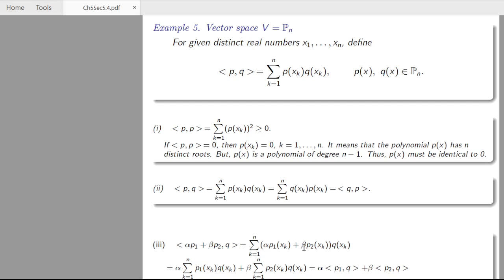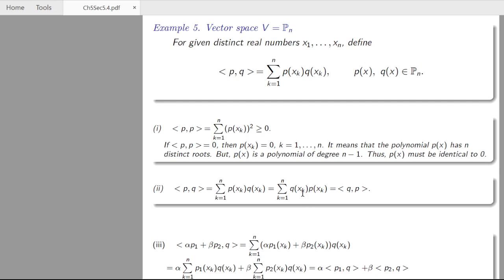The same thing for the second part. Then look at the definition of the operation. We can say this is the same as the operation between p1 and q, times alpha. So we get the first term, and the same thing for the second term. In this way, we can say the third property in the definition of inner product is satisfied.